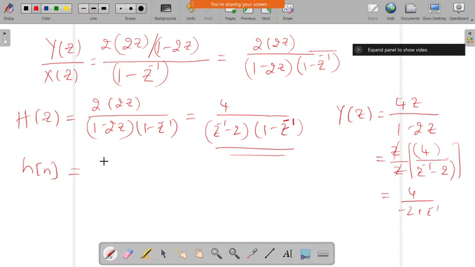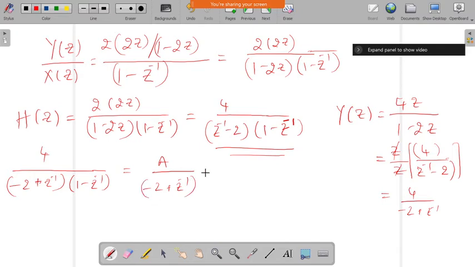So we can write the system, which is 4 divided by minus 2 plus z inverse into 1 minus z inverse, equal to A by minus 2 plus z inverse plus B by 1 minus z inverse.